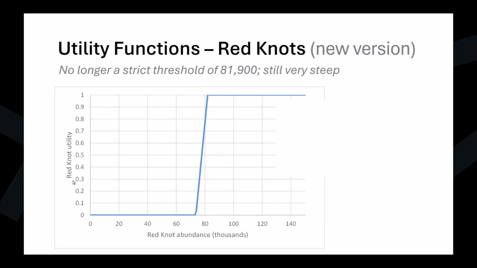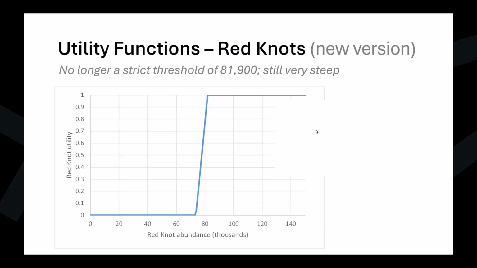But we had to balance that against some considerations when it comes to the best practices of optimization, setting up a decision model like this. And as Connor said, the knife edge, full step function where you go immediately from 0 to 1 at 81,900, that was criticized in the original peer review process.